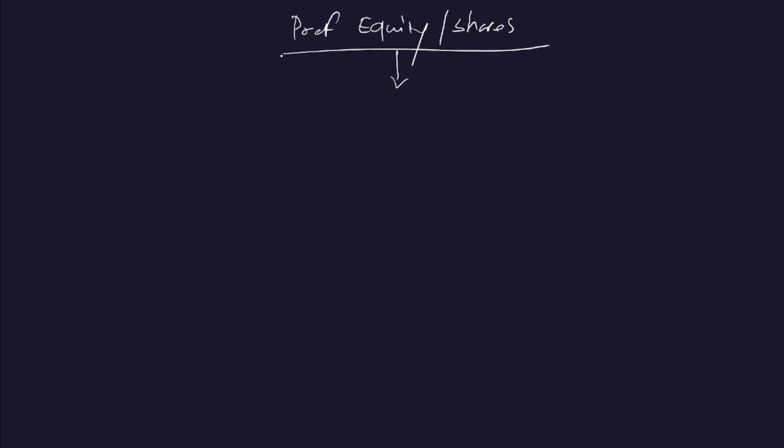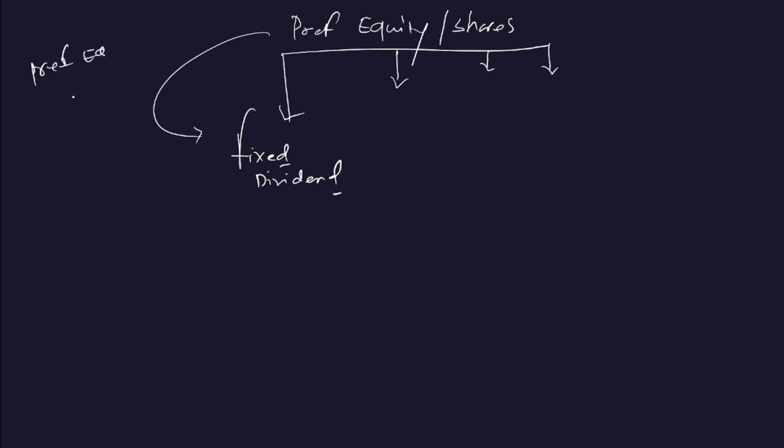The common feature should be fixed dividend, right? So preference equity holders receive fixed dividend on a periodic basis, maybe quarterly or annually, or maybe at the time of maturity, that depends.